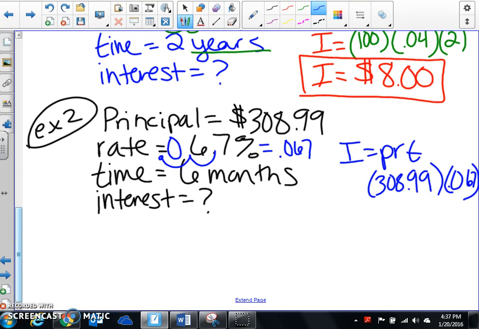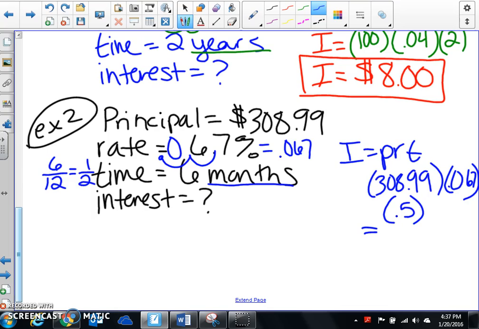And my time, this is where it gets tricky. My time has to be in years. So I got to think to myself, there are 12 months within a year. So 6 over 12, so 6 months is half a year. So that is just equal to 0.5, right? So then I can calculate all that.